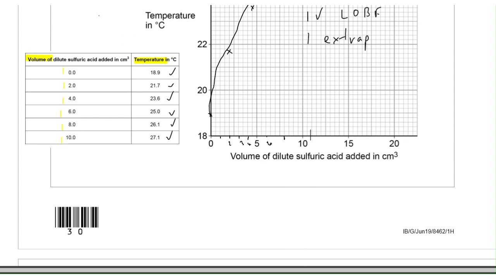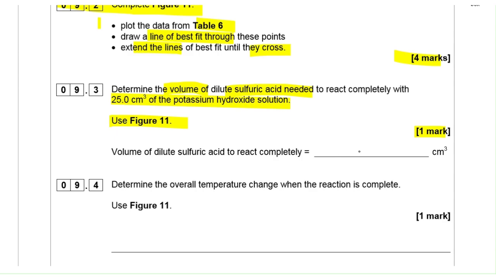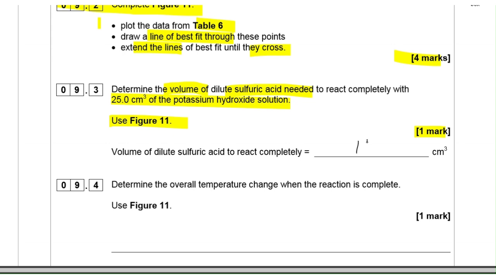And you can see that that pencil mark is on 11 cubic centimetres. So that's my answer, because when the 2 lines cross, that is when the reaction is completed, and then the temperature starts to go down again. So in the answer space provided, we write 11.